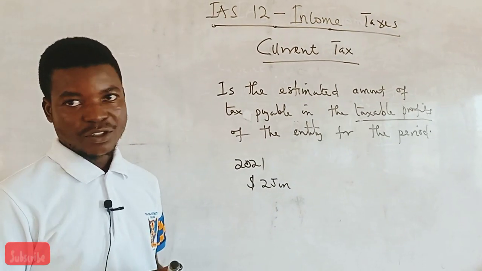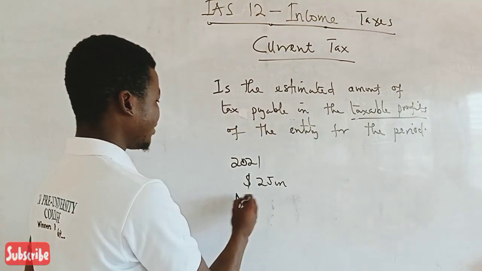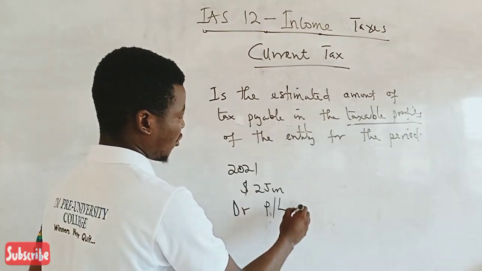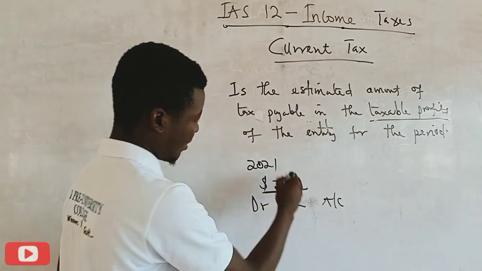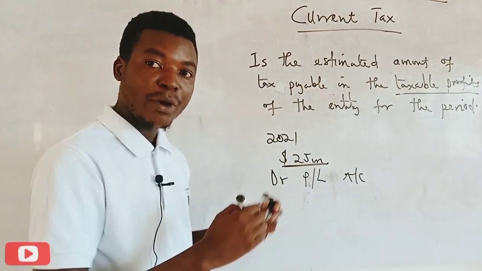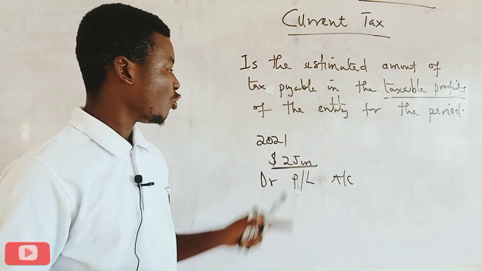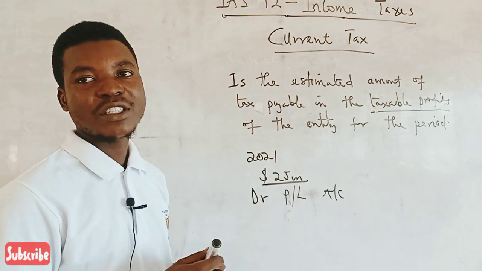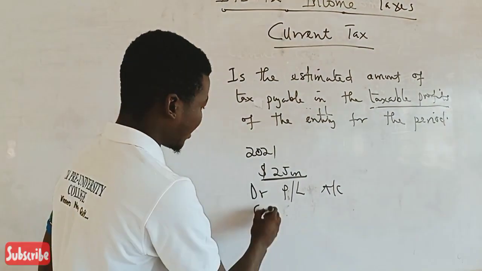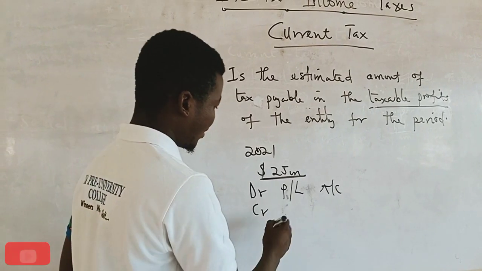Tax is an expense, so the entity will debit the profit or loss account, and this is the amount payable. The entity is going to pay this amount to the tax authority of the country. So this indicates an obligation at the end of the reporting year. So the entity has to create a liability, which is a current liability.